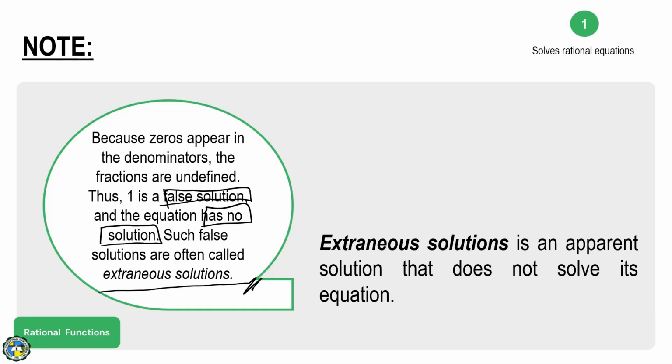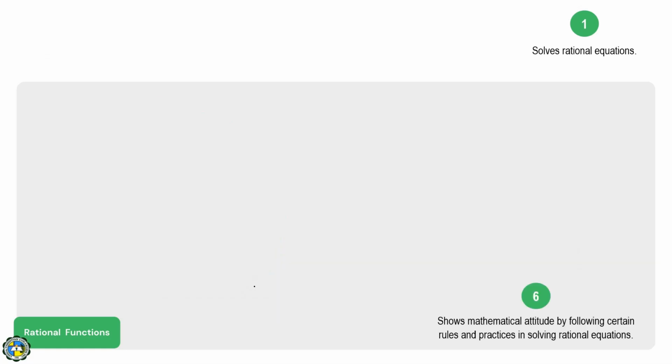Okay, so let's proceed now to some exercises. This time, I'm going to allow you to solve independently, and at the same time, let's meet our objective number 6, wherein you're going to show your mathematical attitude by following certain rules and practices in solving a rational equation. So, let's have our first given example.